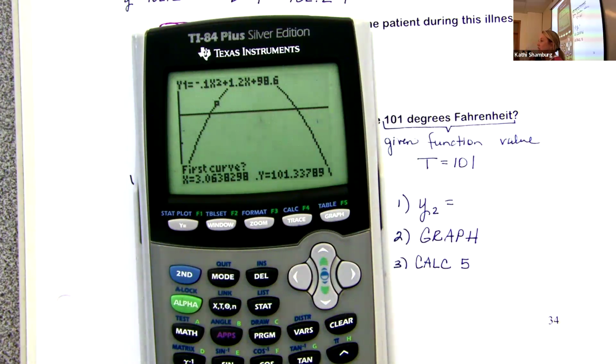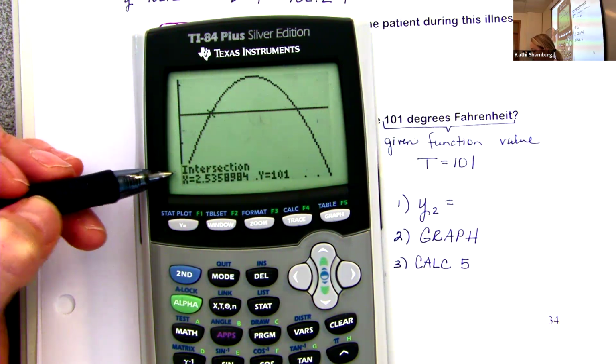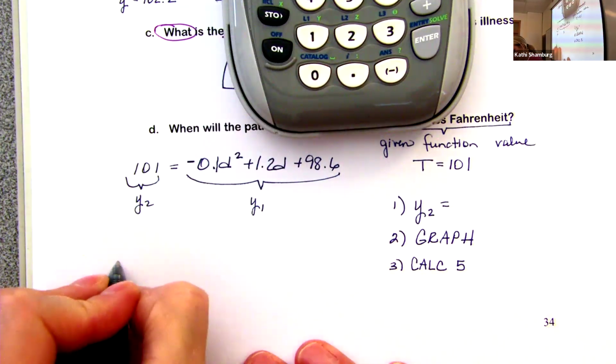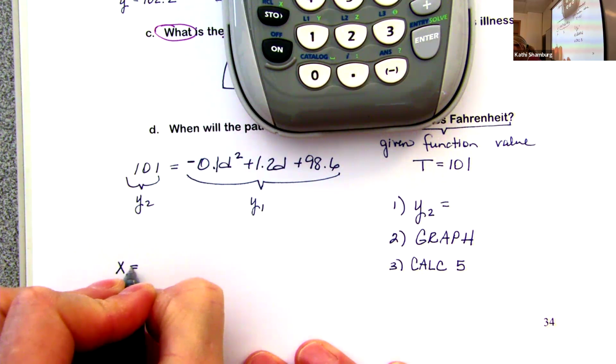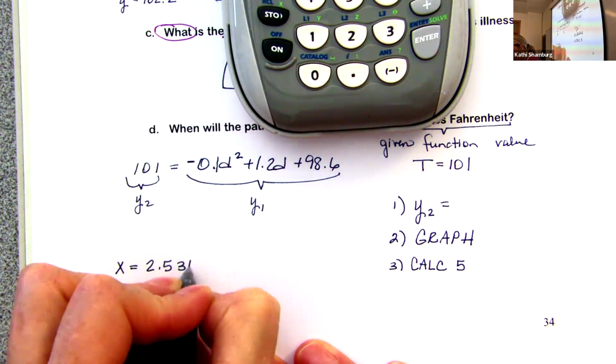It doesn't have to be on the intersection, but I just want it close to it, okay? So if yours isn't kind of over to that first one, go ahead and move it. So then I'm going to hit first curve, enter, second curve, enter, guess, enter. And so it's going to give me x equals 2.536.